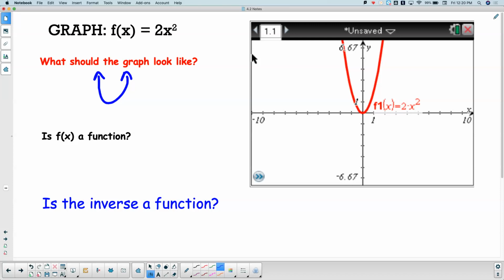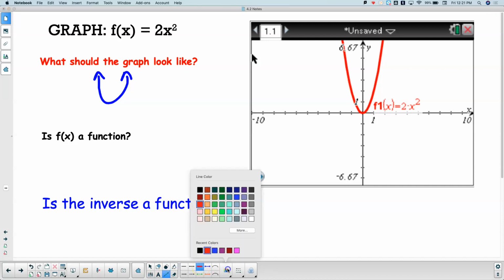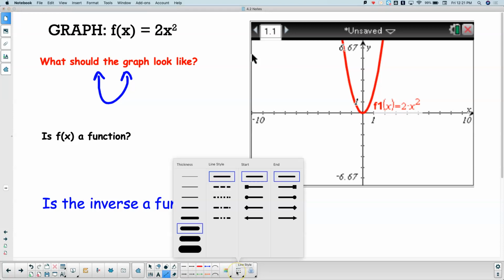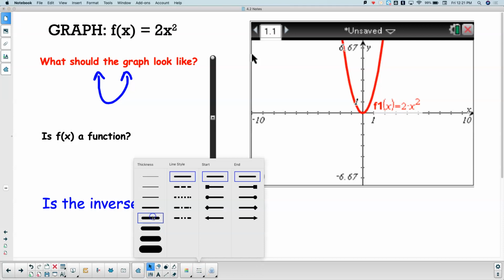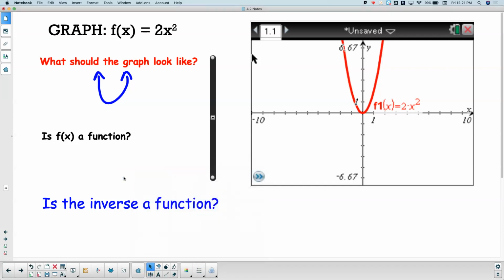My first question is, f of x, which is my red function in there, is that a vertical line? Actually, probably could go a little thinner than that. Okay. Is that a function?